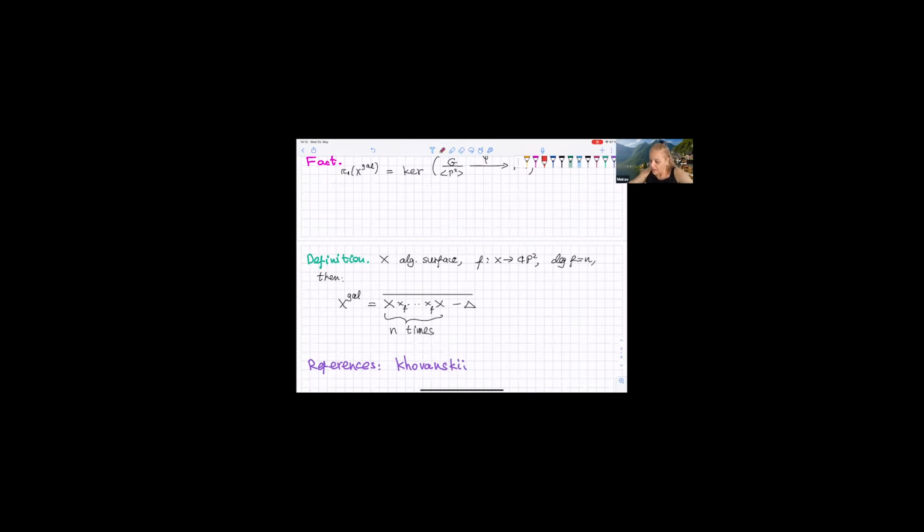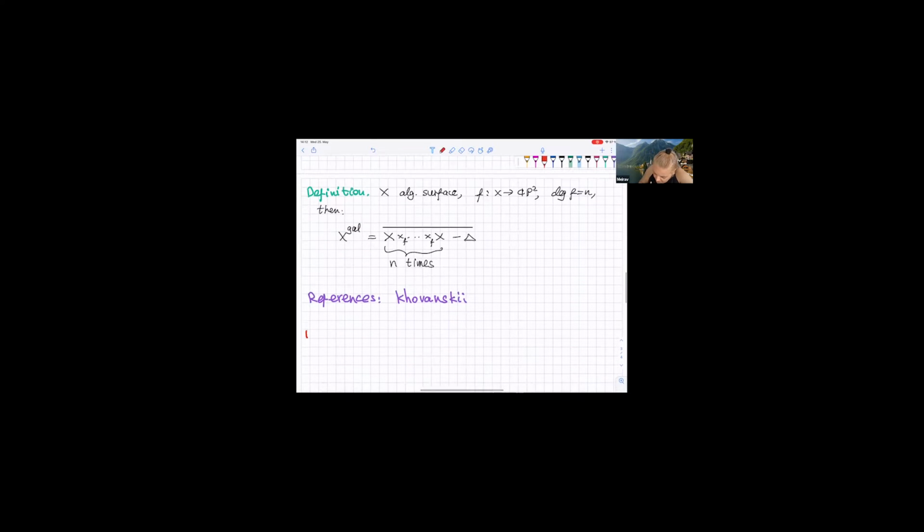A remark to you, that this group might be very complicated, it is not easy to calculate.